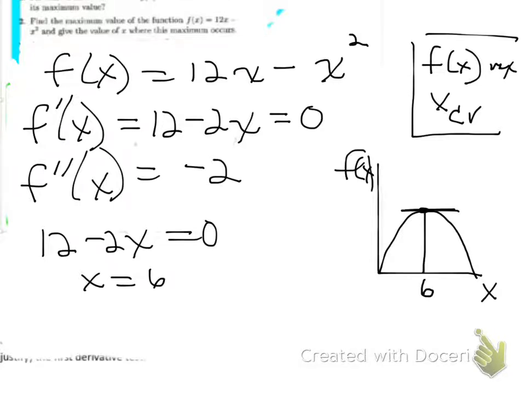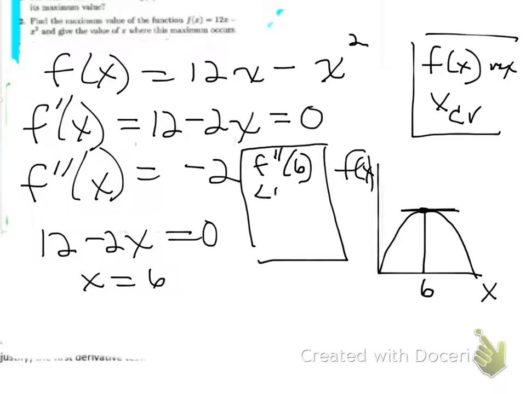Let's make a statement about my second derivative test. f prime prime of 6 is less than 0. That makes it concave down, and therefore we have a max at xCV of 6. Okay, that's our statement.